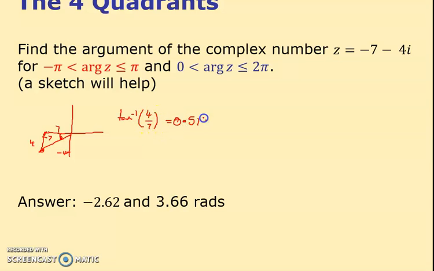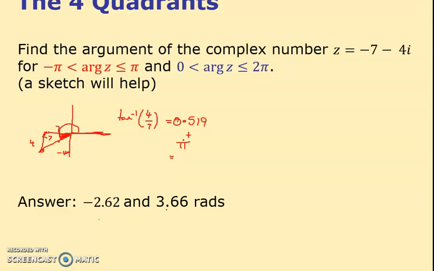And notice that's not actually the answer I've got here. That's because that's just this angle here. But we measure arguments from this line here. So I have got to find this angle all the way to that line. And the way I do that is I add pi on. Pi is equivalent, remember, to 180 degrees.